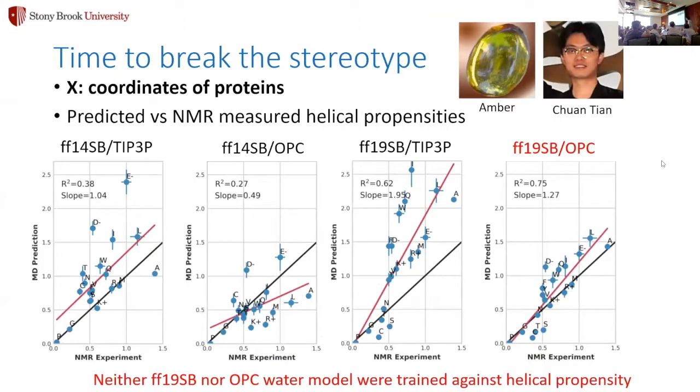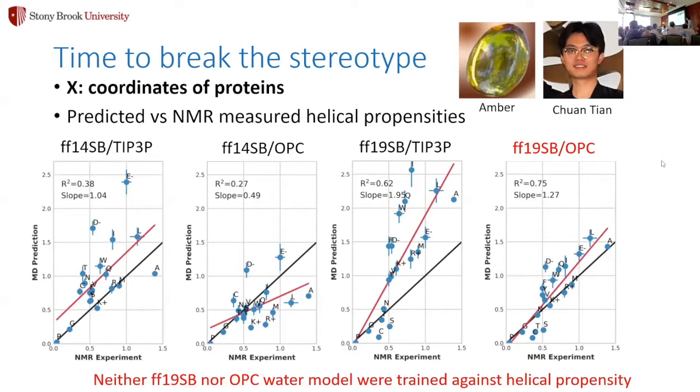All right, so this is his result. What's remarkable here is when you look at the predicted and the NMR-measured helical propensity. This is the result from the previous generation of force field, 14SB plus TIP3P.